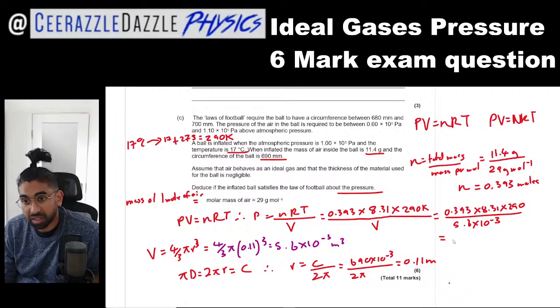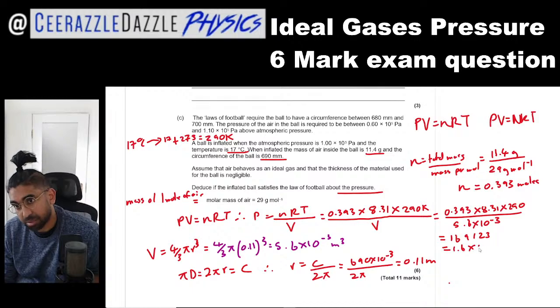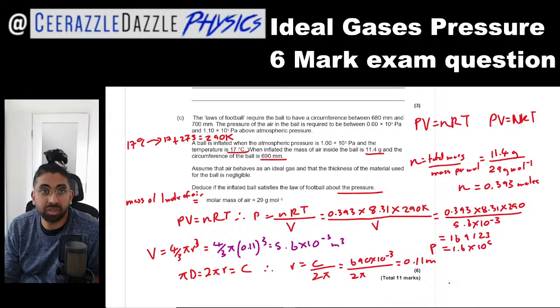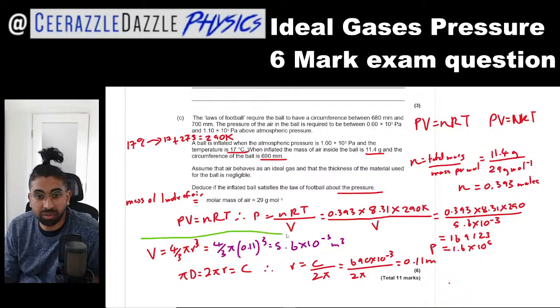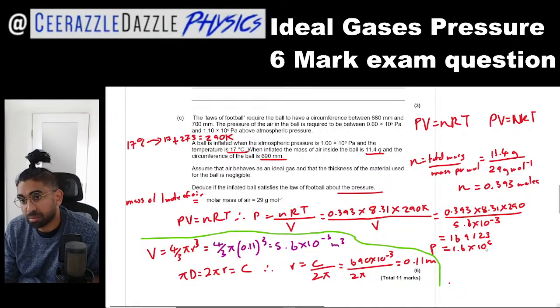Over here, I'm getting the value of 169,123. And then in standard form, that's 1.69123 times by 10 to the power of 5. So the pressure is equal to this. I'm just going to put a line so that we don't get confused about which bit we're looking at. There we go. So the pressure is equal to 1.6 times by 10 to the power of 5 Pascal.